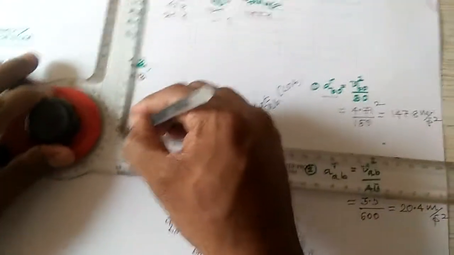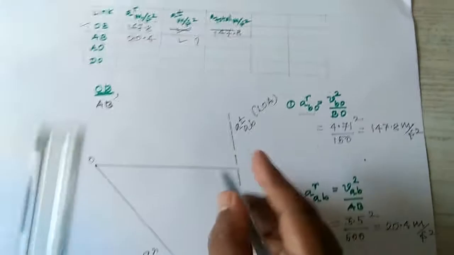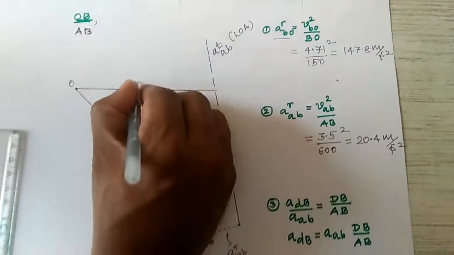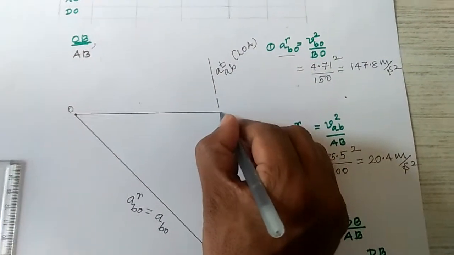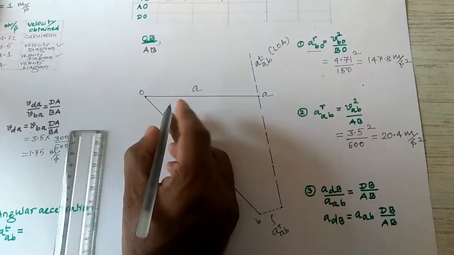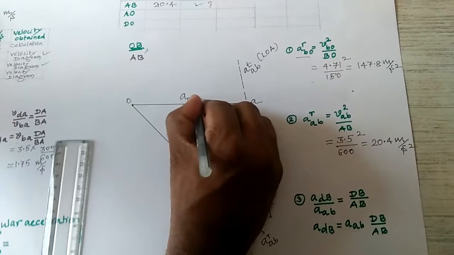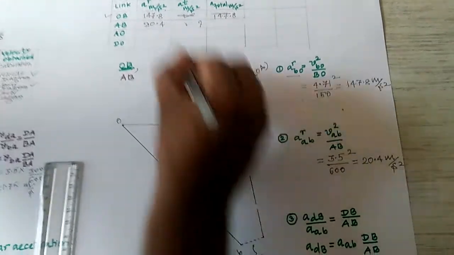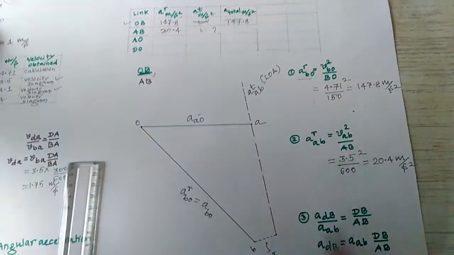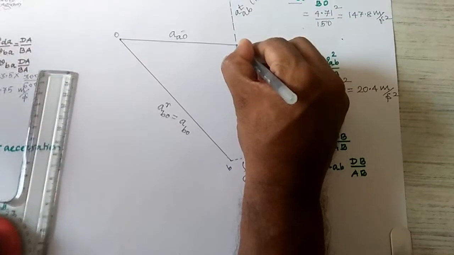The O point is known, you draw this one. This is the acceleration of A with respect to O, the new point A. This is total only, along the line. Then you got this point.